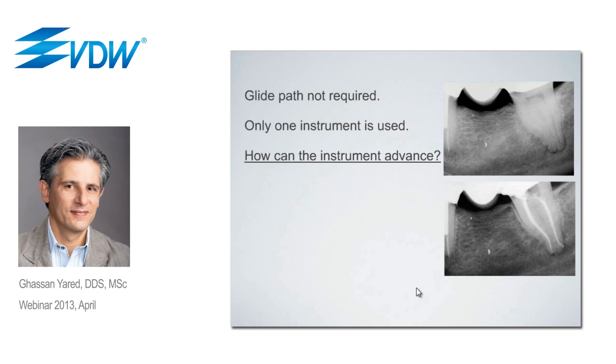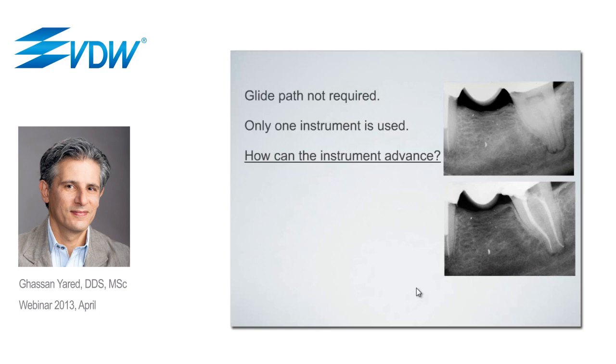So the question is, how can we use an instrument like the reciproc, which is a large instrument? The reciproc has dimensions similar to the F2. So how can we use an instrument similar to the F2 in very narrow canals without a glide path?